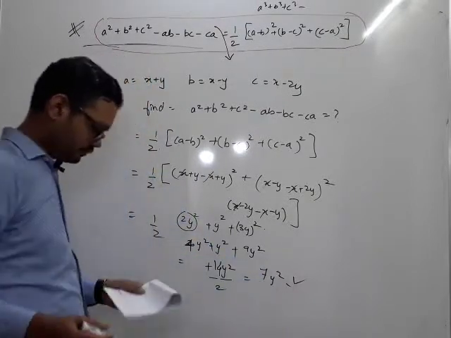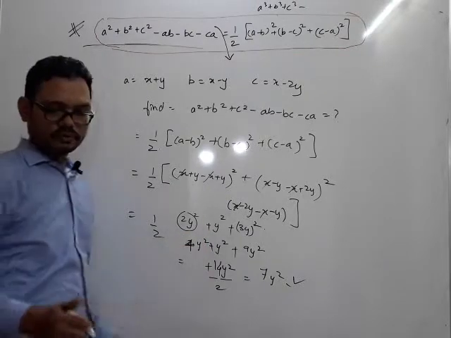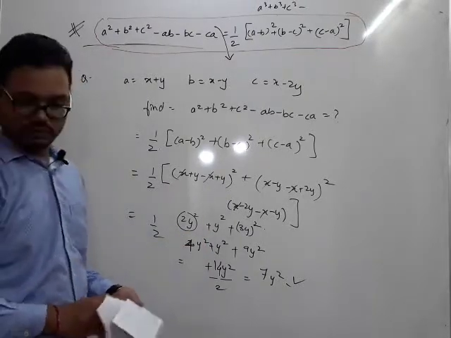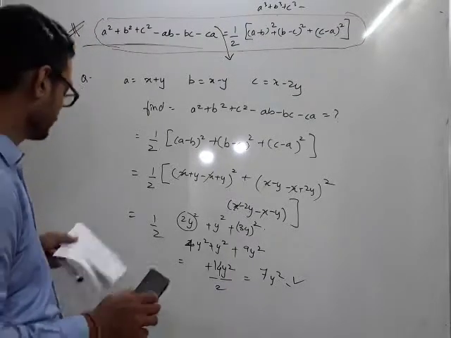This will be your answer. Just a simple formula substitution. Here I had by mistake put the minus sign. Please make a note of this. No particular step. It's just a formula substitution.